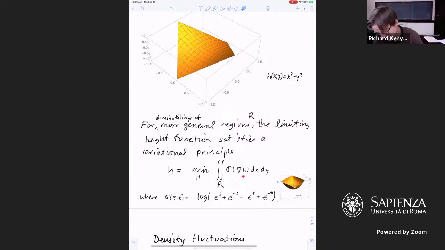In this case, this multi-tiling model also has a surface variational formulation of this type, where what you see as the limiting height function is the one which minimizes this surface tension, except the formula for the surface tension here is simpler than in the single Dimer model.